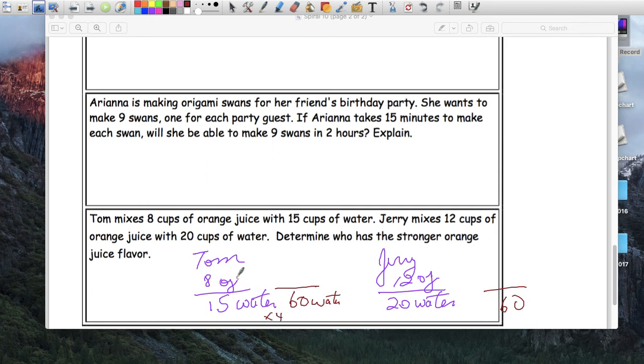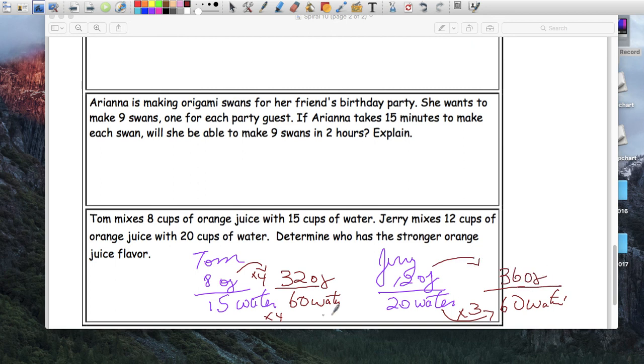Times 4. I'll multiply the top times 4, which gives us 32. So if you give Tom 60 cups of water, he's going to add 32 cups of OJ. What about Jerry? From 20 to 60 cups of water, it's a times 3. So on the top is going to be a times 3, which gives you 36 cups of OJ.